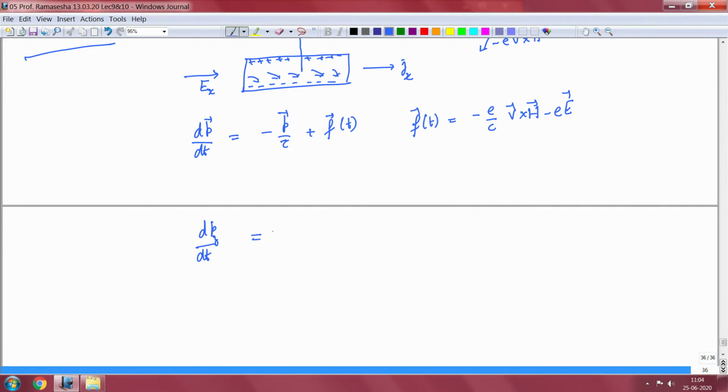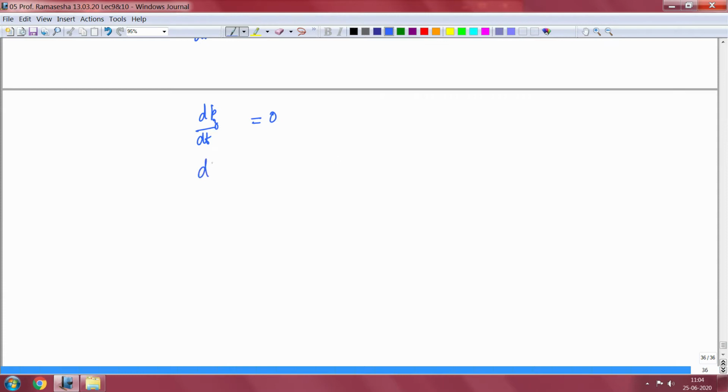So I will have dpz by dt is equal to 0, dpx by dt is equal to minus e Ex minus px by tau minus omega c py, and dpy by dt is equal to minus e Ey minus py by tau plus omega c px.